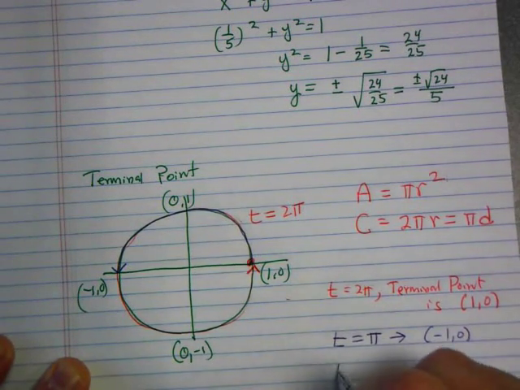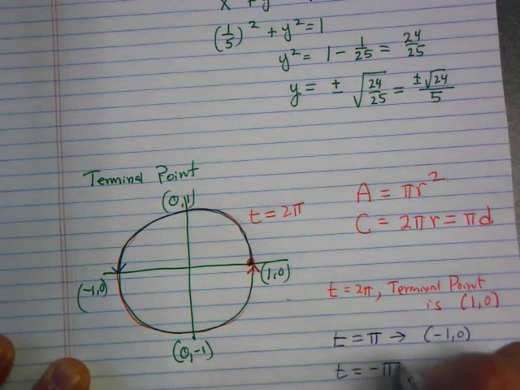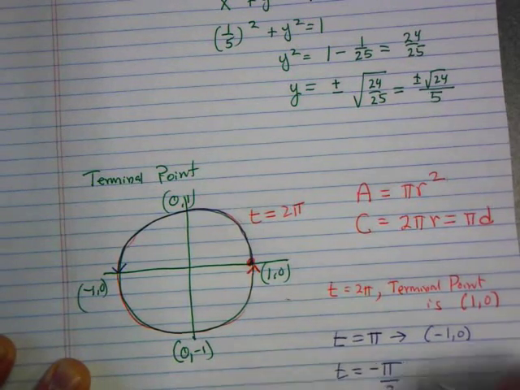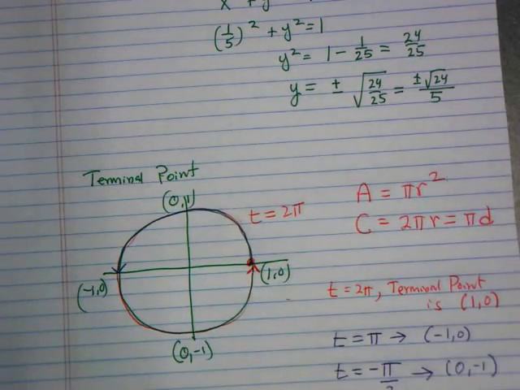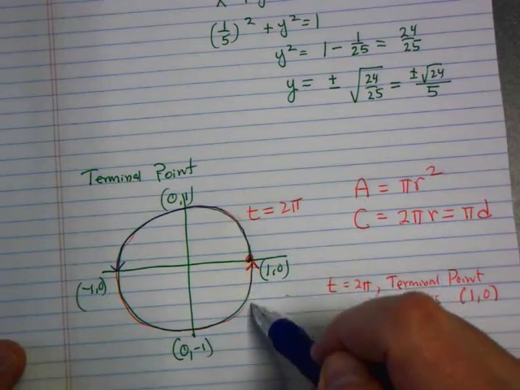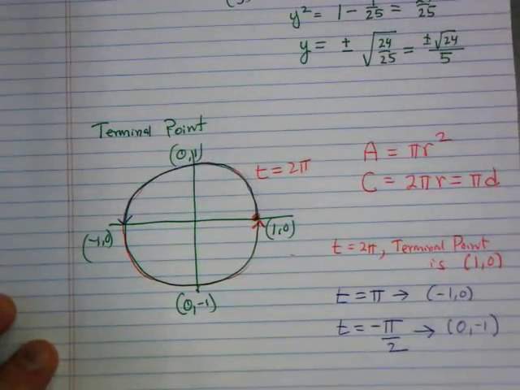How about if t is negative pi over 2? My terminal point would be (0, -1). Why (0, -1)? Because the negative means I went the opposite way. So I went this way, and I only went a quarter of the distance. Questions on that?